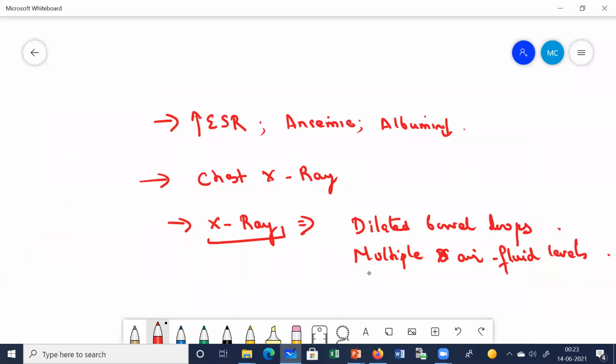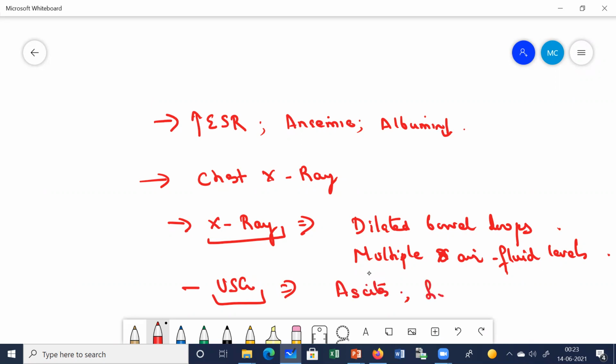For some reason the pictures are not opening. Anyhow, you all saw the interloop ascites, or the club sandwich sign. So when we do the abdominal ultrasonography, we can see the presence of ascites in between the loops of intestine. You can see whether intra-abdominal fluid, ascites, has developed or not.